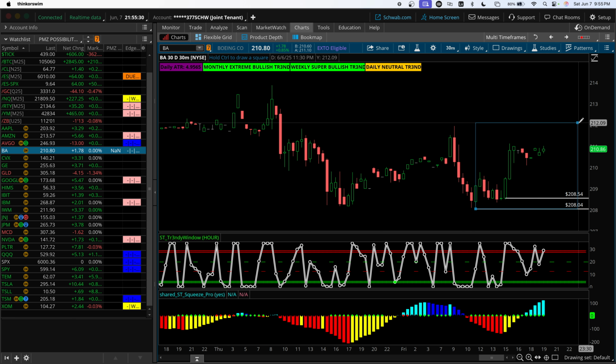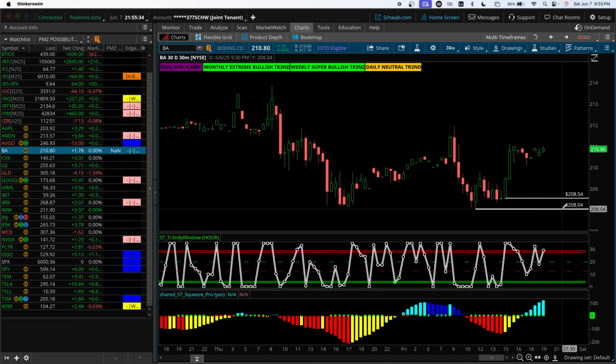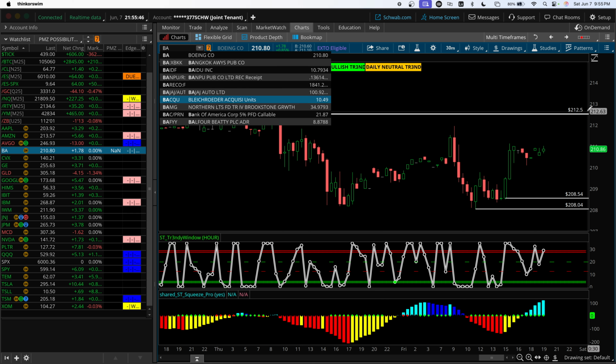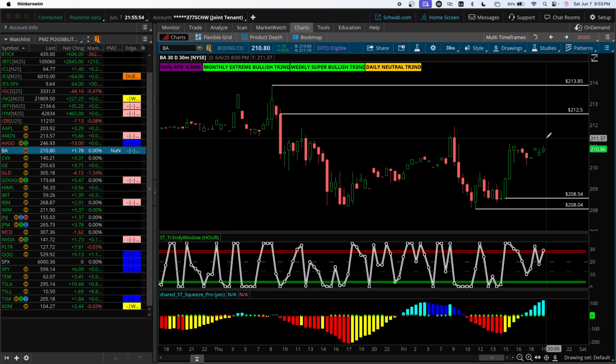All right, so my demand zone is down here at 208.54 by 208.04, meaning a 50-cent risk on that trade. And then if I look up and to the left to find my sell zone or target zone, that is at 212.50 by 213.85. Now, price is currently in the middle, so I'm not going to enter a trade.